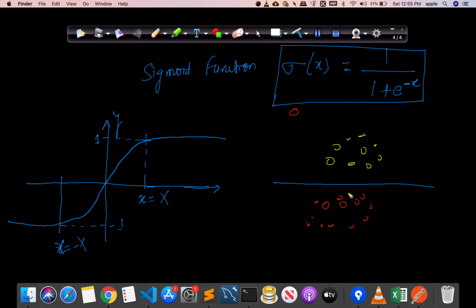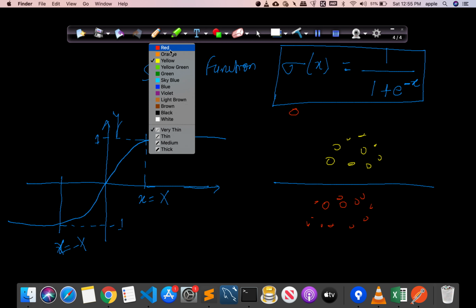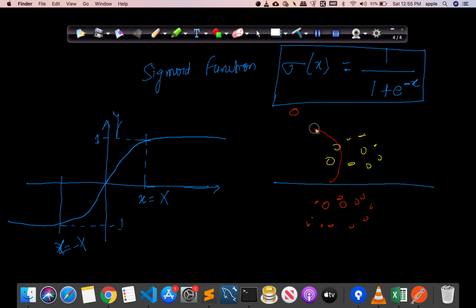Now this plane will not shift from here to here just in order to avoid this large negative distance. Why is this negative? Because this is on the opposite side of the majority of the classes, and this will have a very large negative value. Now this will hamper the loss equation that we were solving.